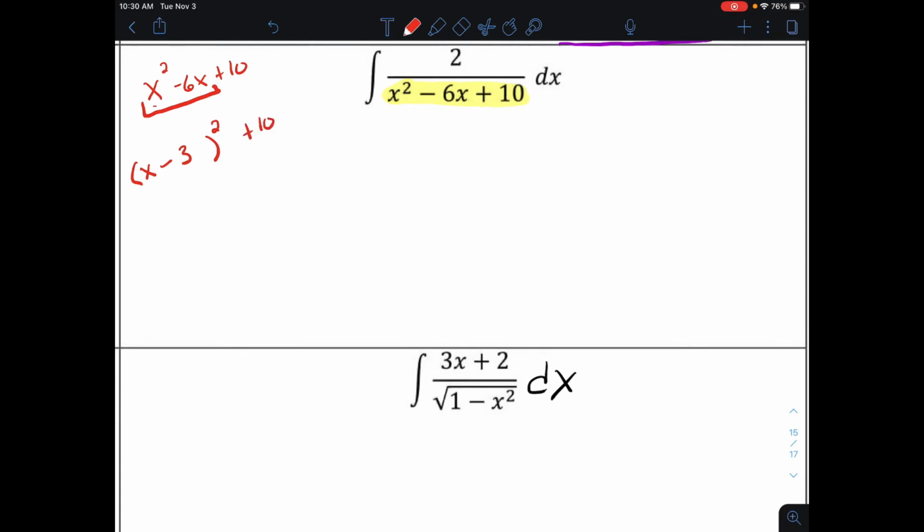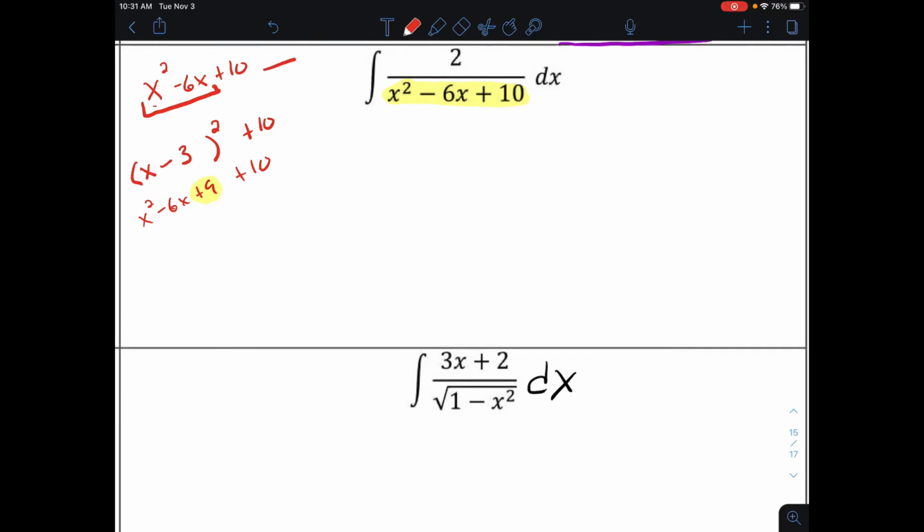Now the issue is we've now created an expression that is not equivalent to the line before, where if I was to multiply out that binomial, you would have x squared minus 6x plus 9. And then we'd have plus 10. So you see what the value is that we had that we did not originally have up here.